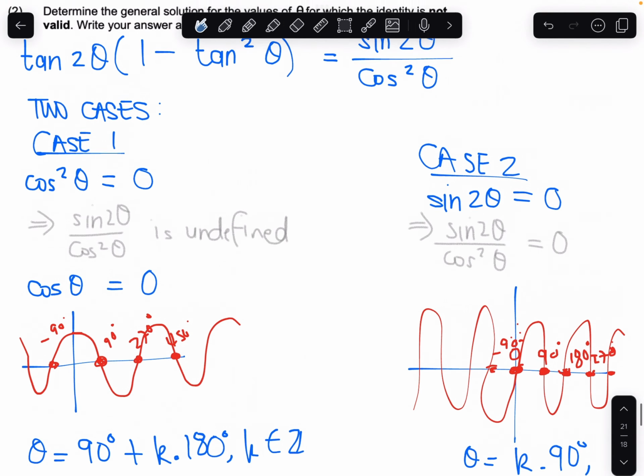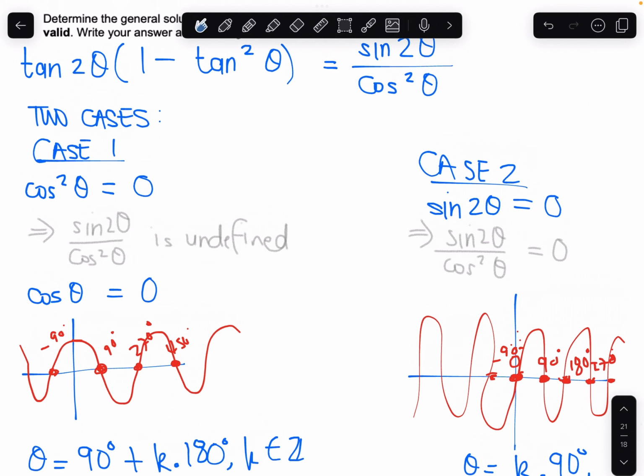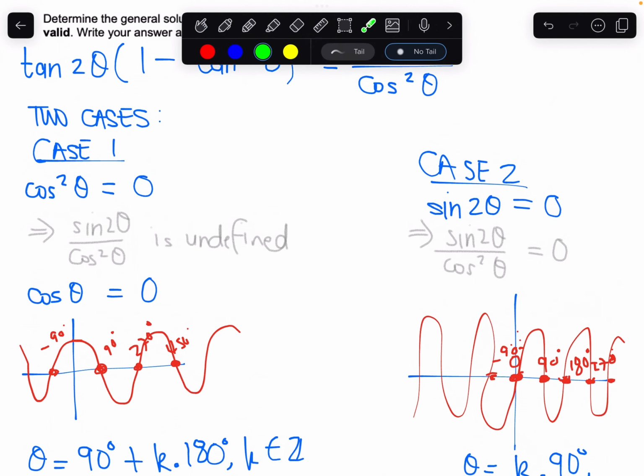And for that first case, I got the 90, 270, 450, etc. So 90 plus k times 180, yeah. Then the second one, sine of 2 theta.